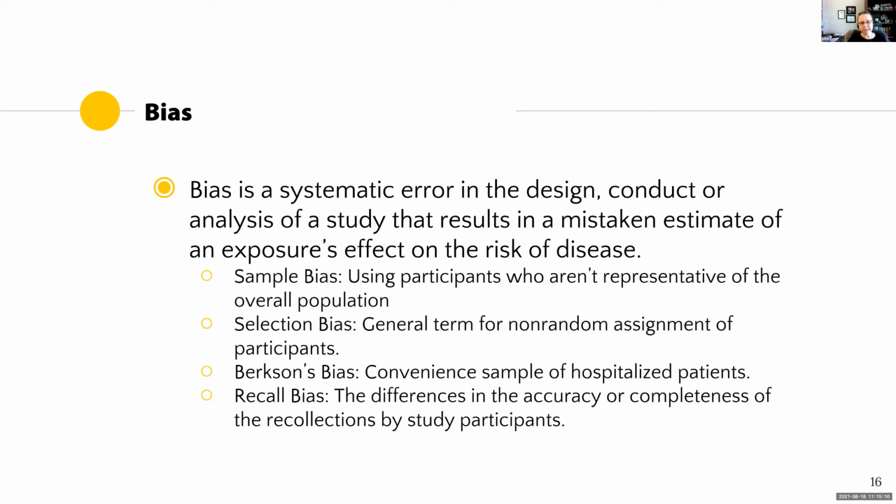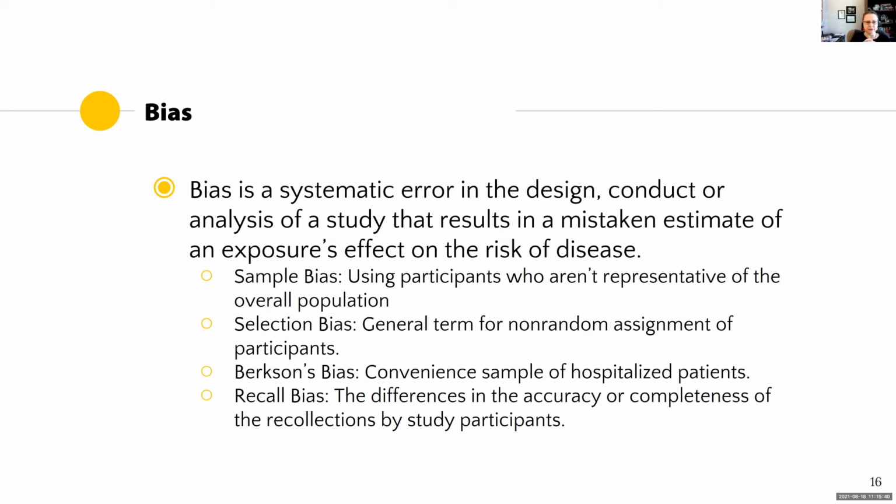Selection bias is the broader term, and sample bias is under selection bias. You get sample bias when you're using participants who aren't representative of the overall population. So if I wanted to study medical students, but my survey accidentally got distributed to nursing students, then I got the wrong sample.